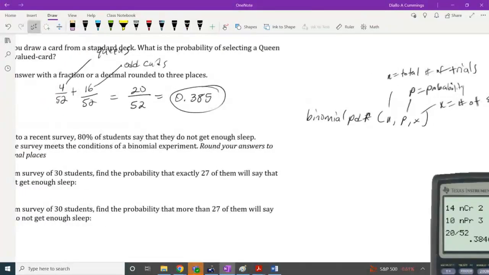All right, that was for the PDF. Those 3 parameters are also for the CDF, but the CDF gives you the probabilities from that number and all of the numbers before it added together.